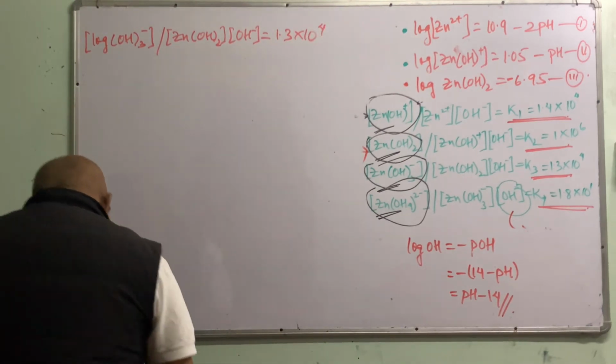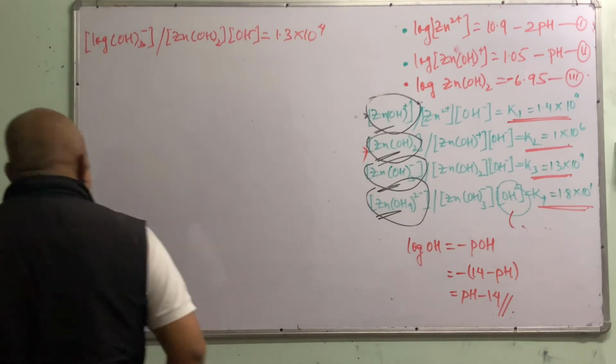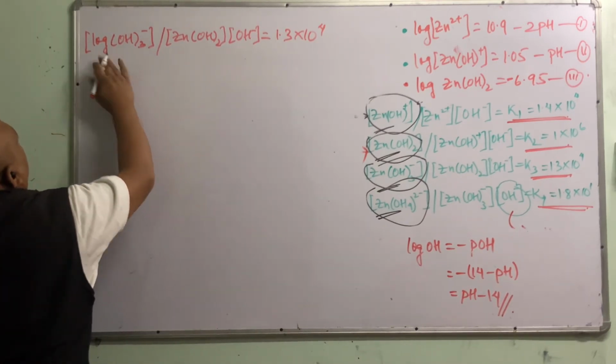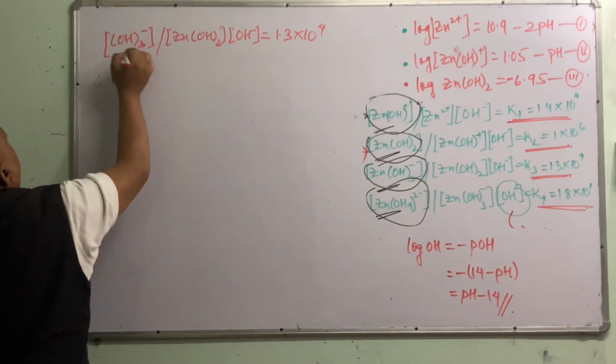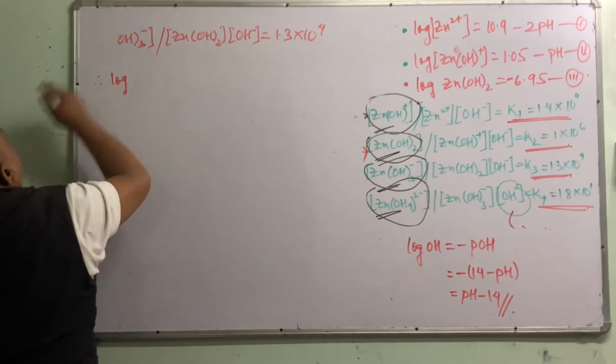Let me check the value. If the value is not correct, I'll be in soup. Okay. Therefore, oh, this log is not there. Oh, a lot of khichdi is there.